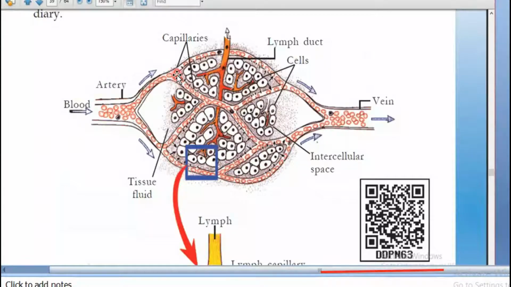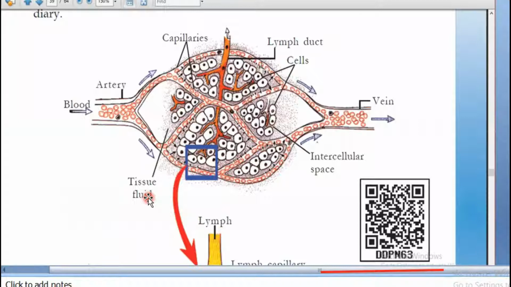When blood flows through the capillaries, the fluid part of blood oozes into intercellular spaces. This place is known as intercellular space. So that fluid is known as tissue fluid.